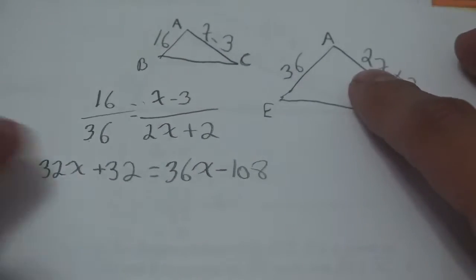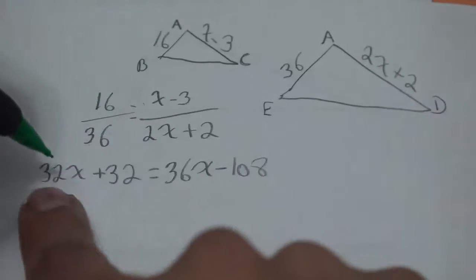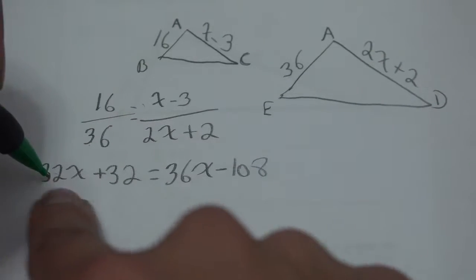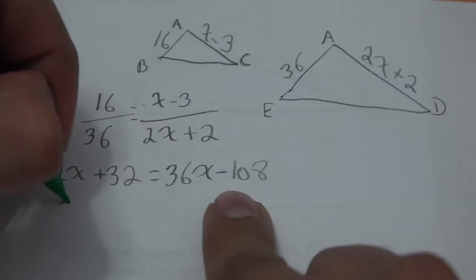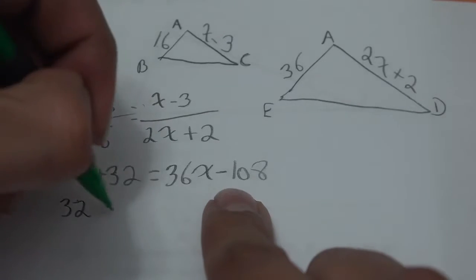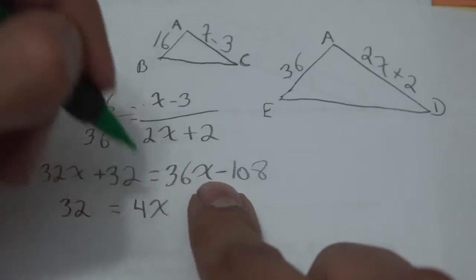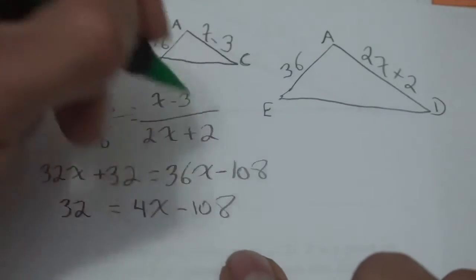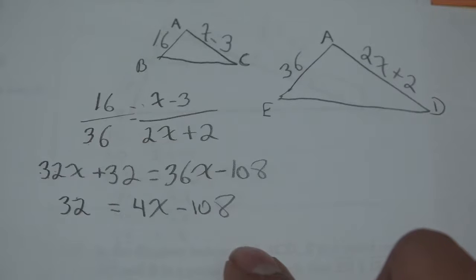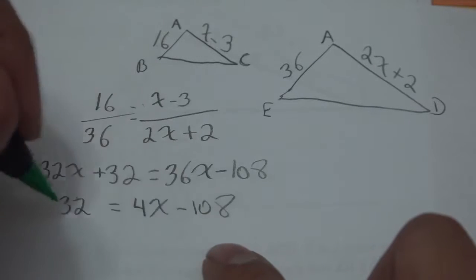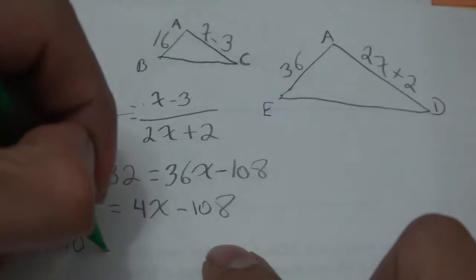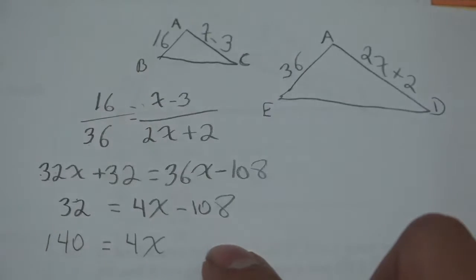And now I solve this equation. I have variables on both sides, so I'm going to subtract 32x from both sides. So I get 32 equals, well, 36x minus 32x is 4x, minus 108. And now I'm going to add 108 to both sides. So I get 140 equals 4x.